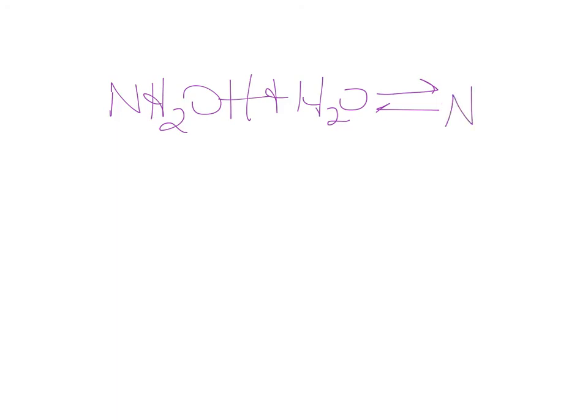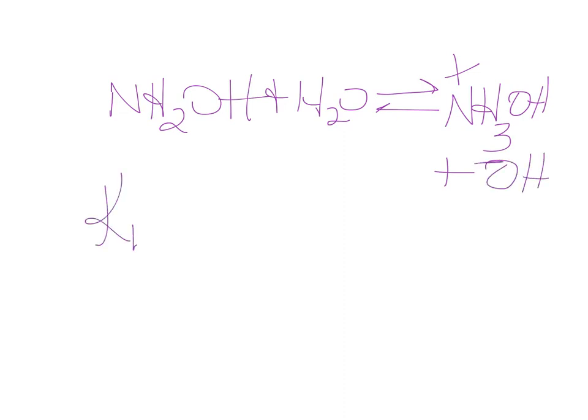All righty, here is the reaction of this weak base with water. Remember what a base does. It abstracts a hydrogen ion, and that extra hydrogen ion goes on the nitrogen. And hydroxide is always one of the products.